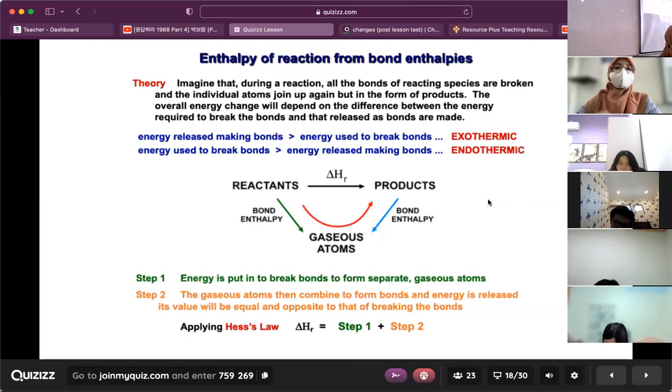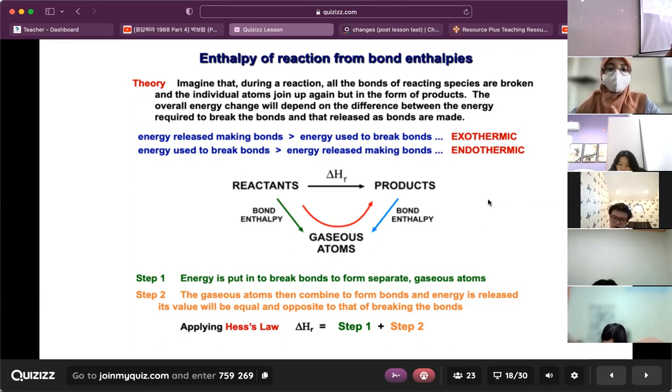Okay, so the first application of Hess's Law is this one: enthalpy change of reaction from bond enthalpies. When you break down the bond, it means that you need energy from outside, right?